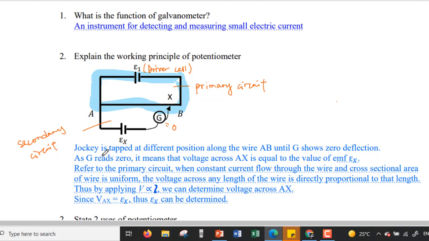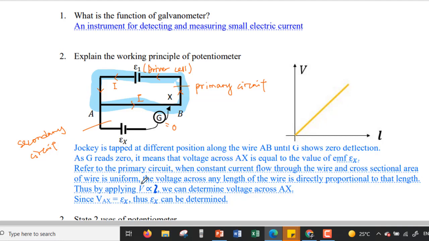As G reads 0, it means that the voltage across points A to X is equal to the value of the EMF, E_X. Referring to the primary circuit, we find that when a constant current flows through the wire, and providing that the cross-sectional area of the wire is uniform, the voltage across any length of the wire is directly proportional to that length.